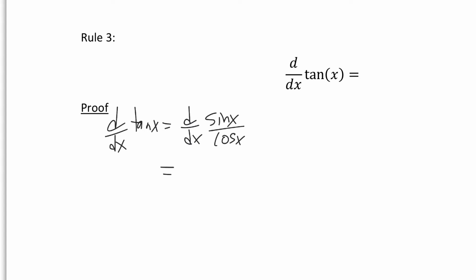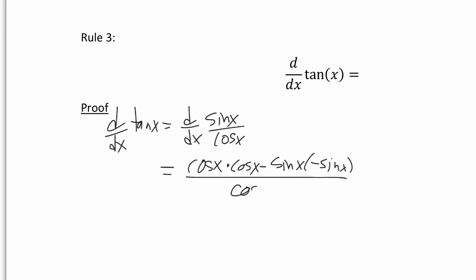And then rather than doing a limit question, we can treat this like a quotient rule. So low d high, the derivative of sine is cos, less high d low, the derivative of cos is negative sine, over the denominator squared we go.